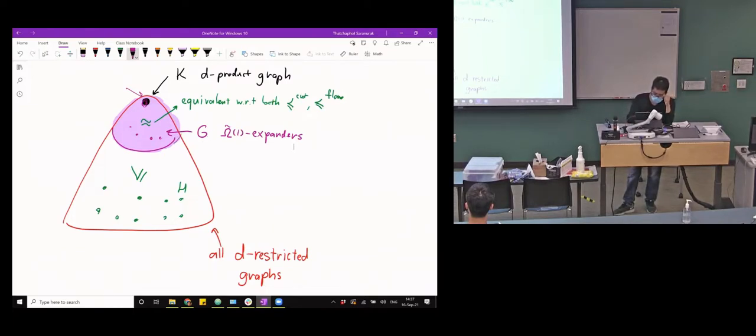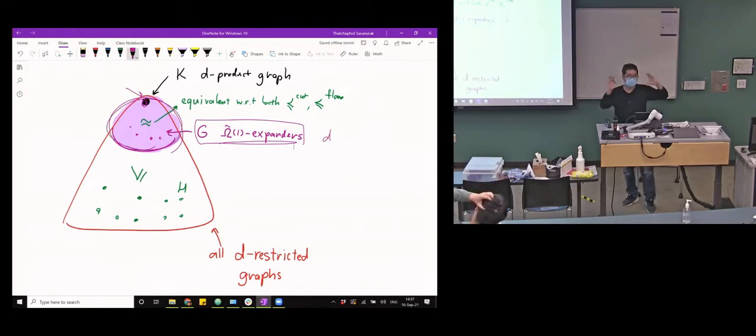And you have a set of expanders here that have the degree profile D. You form an equivalence class, and the D product graph is in here. This equivalence class is the most well-connected class within all of these D restricted graphs.